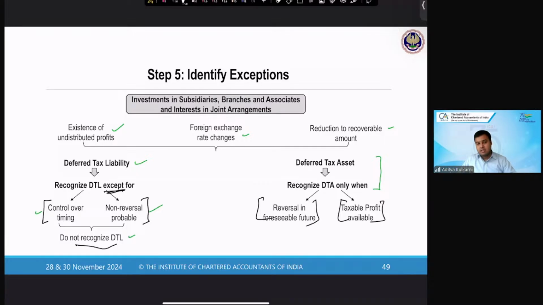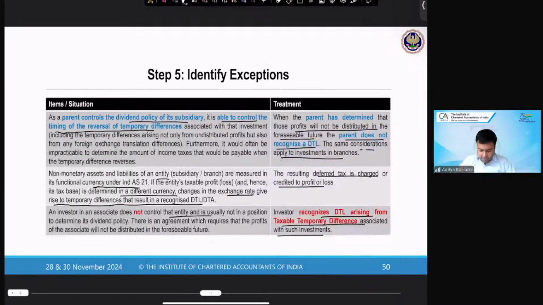We'll come to this a little later. It is not easy to understand right now because you have not yet done consolidation. But for the time being, just remember this: DTL should always be recognized except for two cases, and DTA shall be recognized only if two conditions are met. Okay, all right, fine.